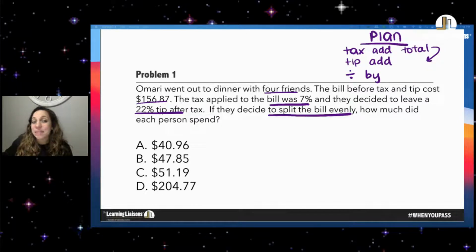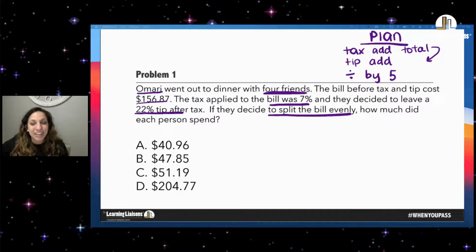It's not going to be 4. Here's why. Because Omari went to dinner with 4 friends, it's not Omari included in that. It's Omari and his 4 friends. So we're going to divide the bill by 5.